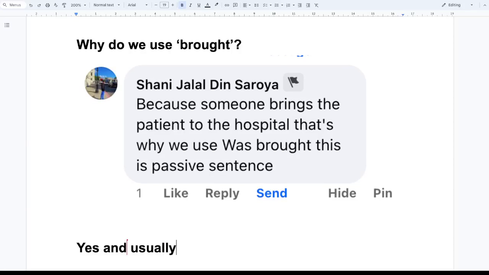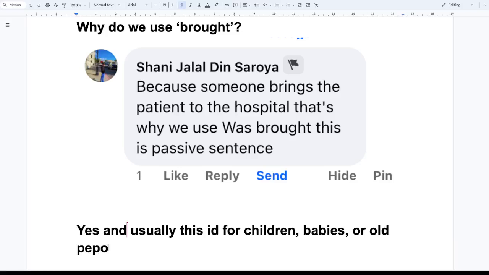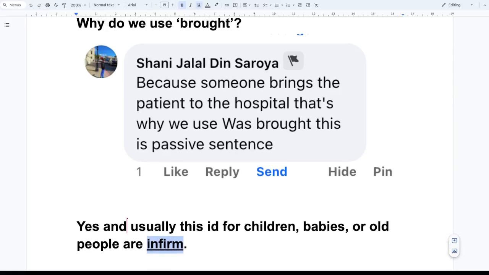And usually this is for children, babies, or old people who we say infirm. Shani, do you know what this means, infirm? Does anyone know what infirm means?